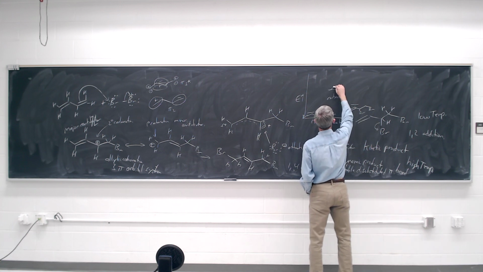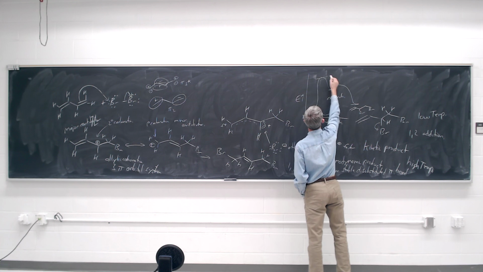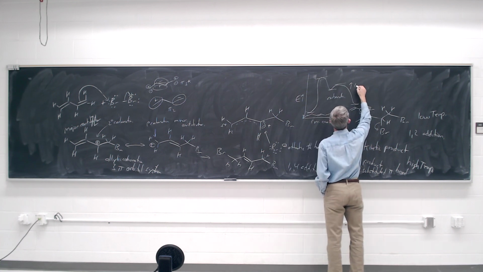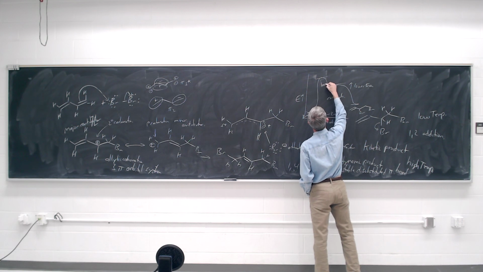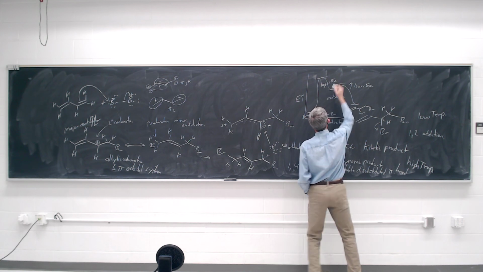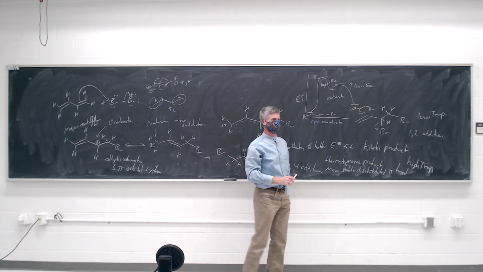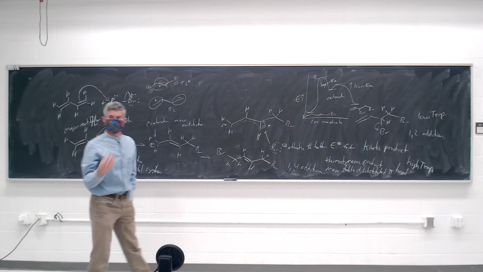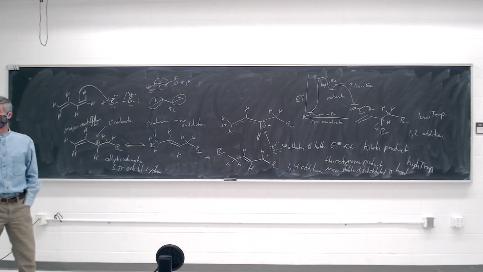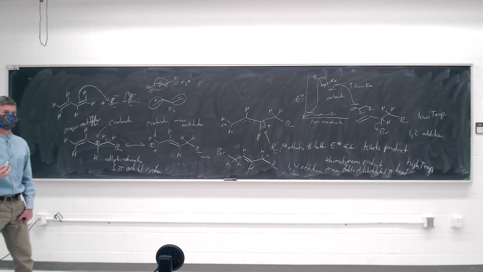And it takes less activation energy to get there than it does to get there. Anytime you have a situation where the lower activation energy leads to the less stable product and the higher activation energy for the more stable product, you have the possibility of having either kinetic control or thermodynamic control depending on the temperature of the reaction.